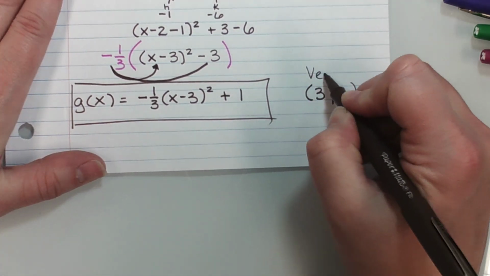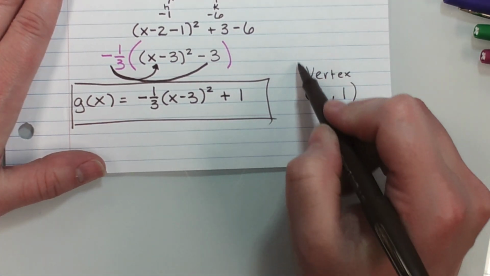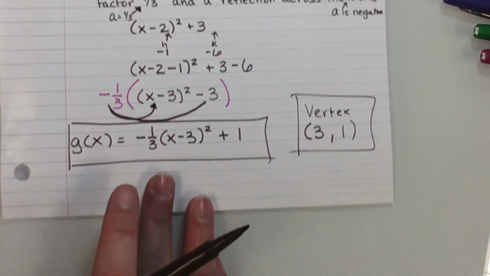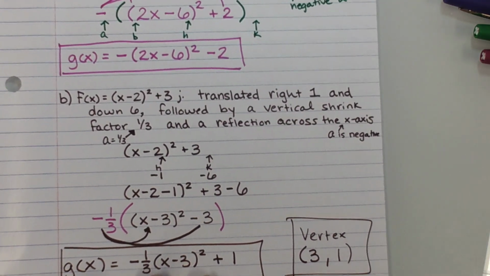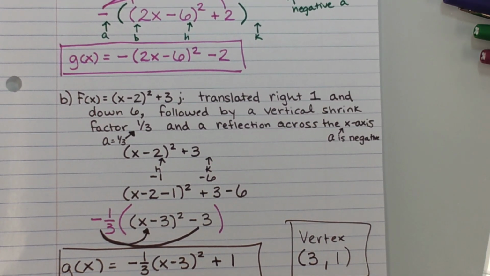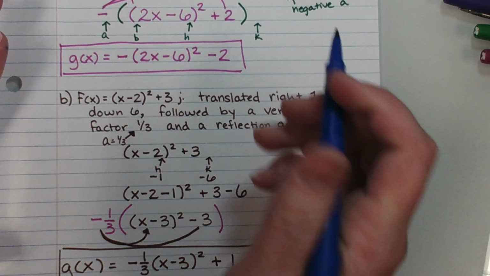That's my vertex. Now I wanted to start with this one because this one's got a B involved. We talked about it yesterday. B messes with the vertex. Vertex form does not have a B involved. To get that B out of there, I have to essentially factor it out of that piece.